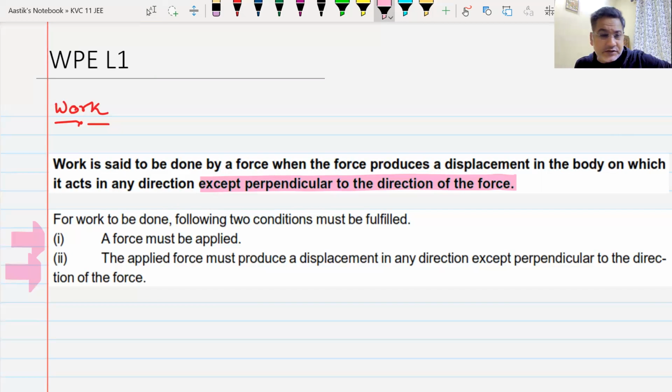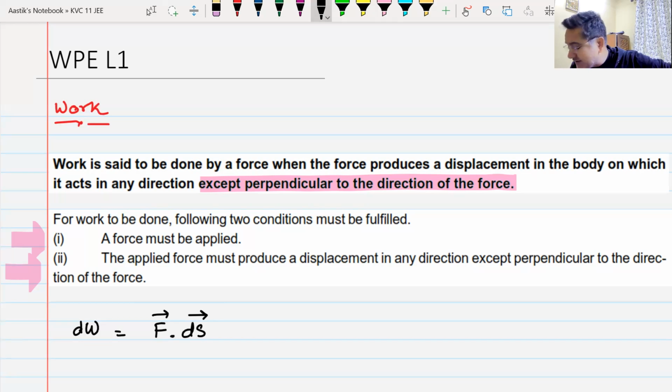Now, if I write it in terms of an equation, I will use dW, the small amount of work done, which is F dot ds. It is the dot product of force with displacement. That means if there is a force F, which is a vector, it displaces some body by a small displacement delta R. Let me write it as delta R, because R we are using for displacement.